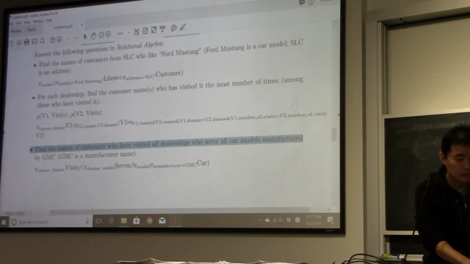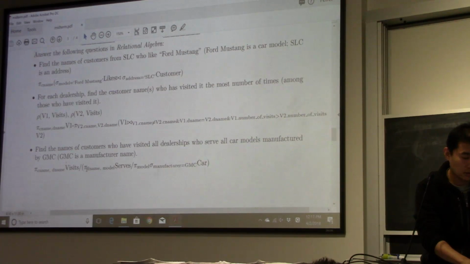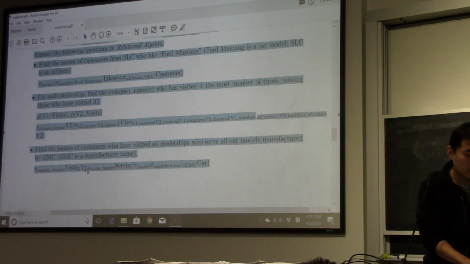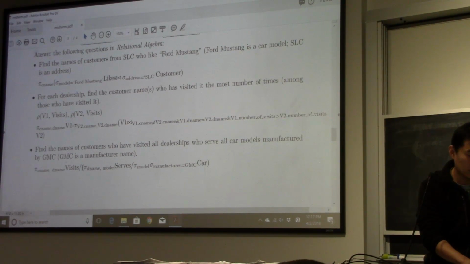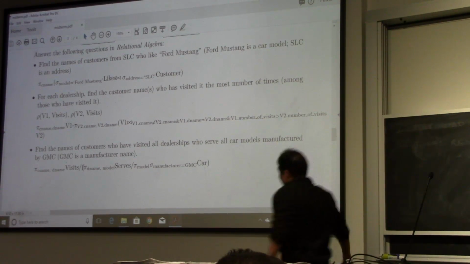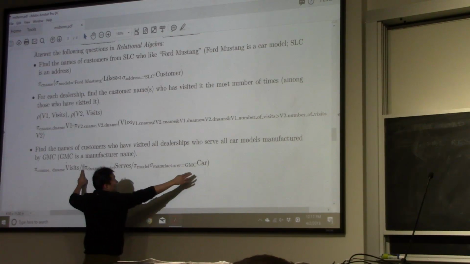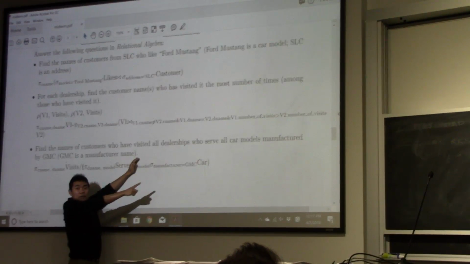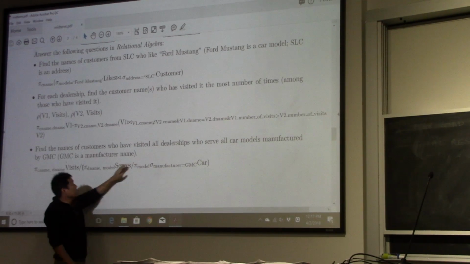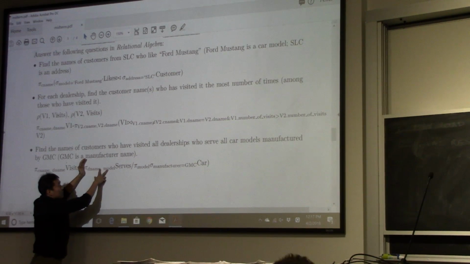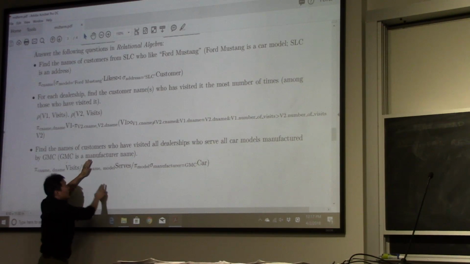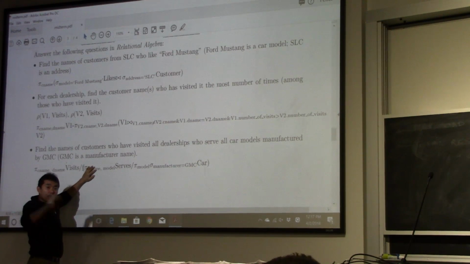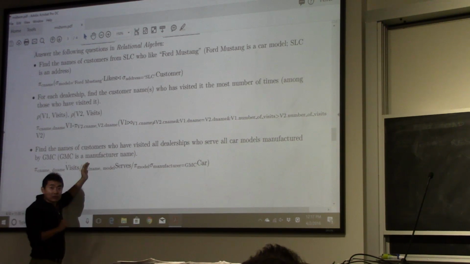The first level division, from this bracket, from here to here, what do you get? First of all, you find out all the models manufactured by GMC. That's a simple selection and projection. Then you put out D name and model from serve, divided by that. What does that give you? That gives you all the dealerships that serve all models by GMC.